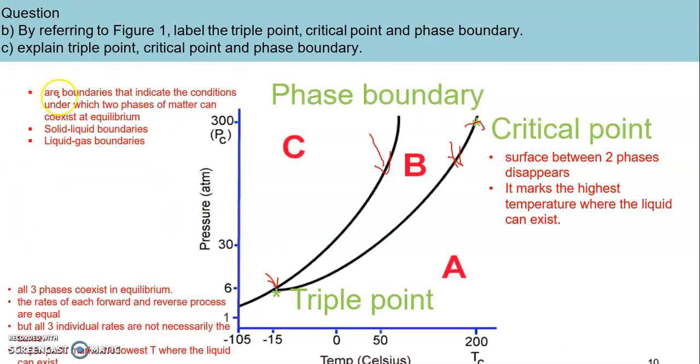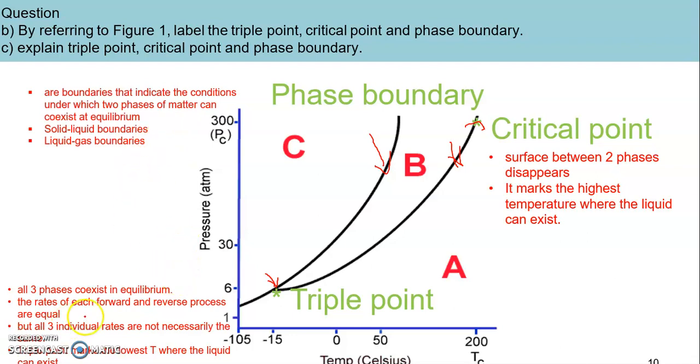So what is the critical point? Critical point is where the surface between two phases disappears, and it marks the highest temperature where the liquid can exist. This is the definition of critical point. And you can add one more point if you want. The critical point for this substance is at 200 degrees centigrade at 300 atm.